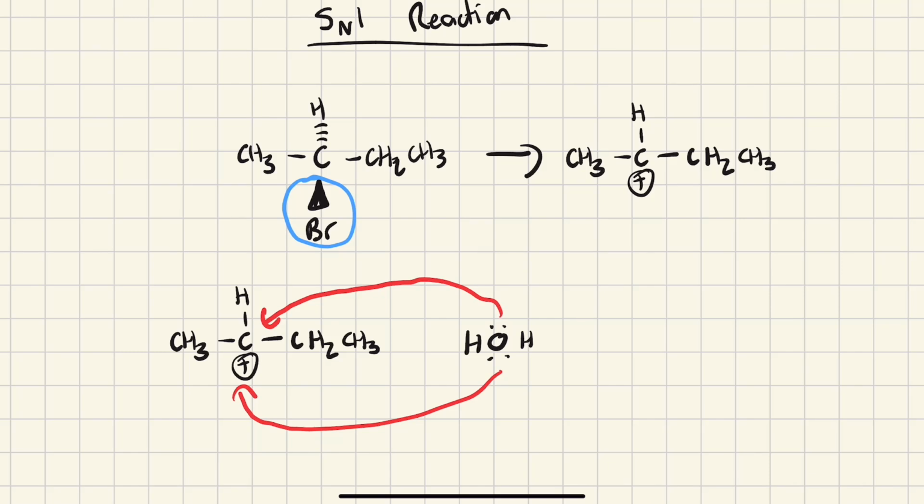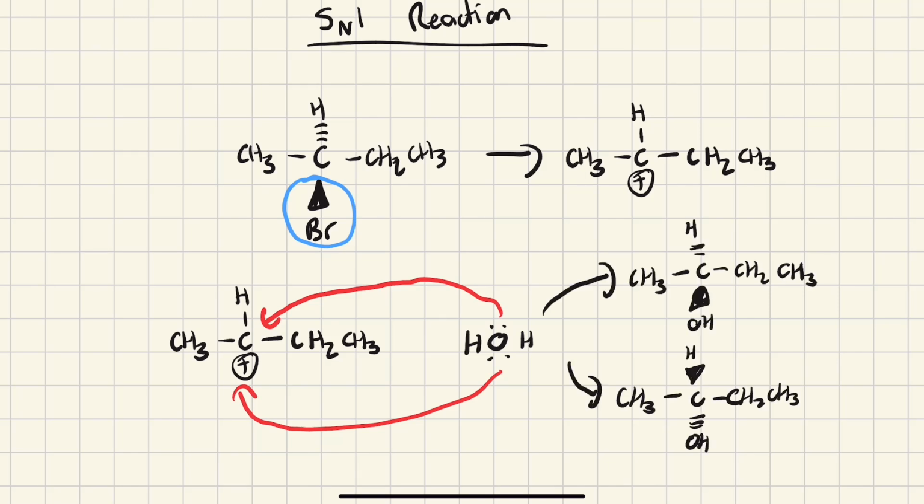So as something else is attacking from the wedge, there's going to be very little possibility of steric hindrance, but it's so unlikely, it might be 51 to 49, it's just said to be a racemic mixture anyway. So for our products, we're going to see one major product where our OH is on the wedge and our H is on the dash, and then we're going to see another one where our OH is on the dash and our H is on the wedge.